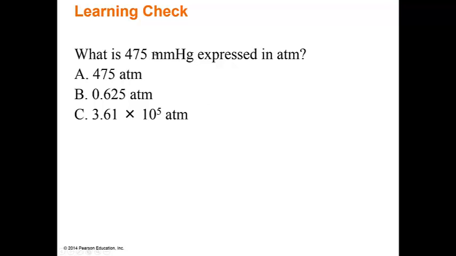We know this is less than that, so it's not going to be 1, and it's not equivalent. So just using a logical conclusion, I'm going to guess it's the 0.625. If I want to check that, I take 475 and divide it by 760, and it comes out to 0.625. There we go, 0.625.